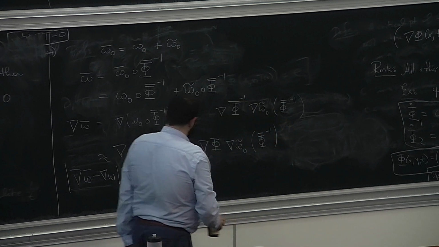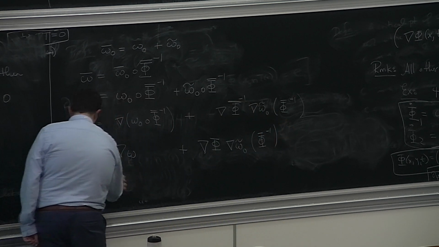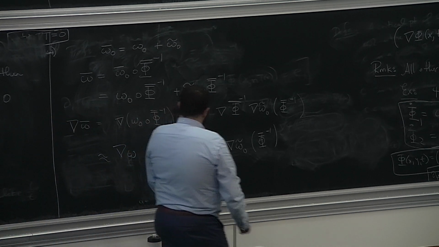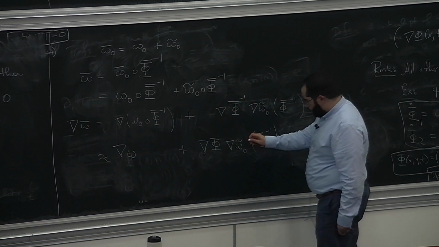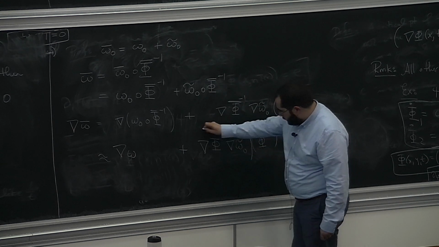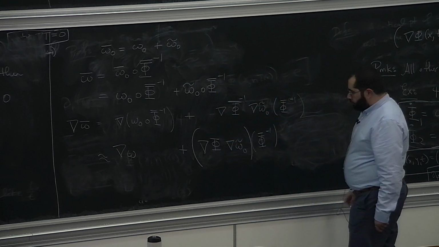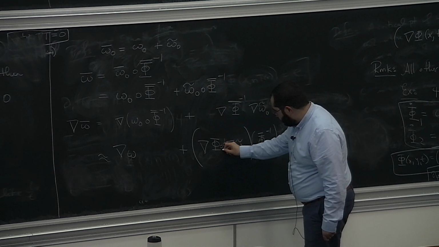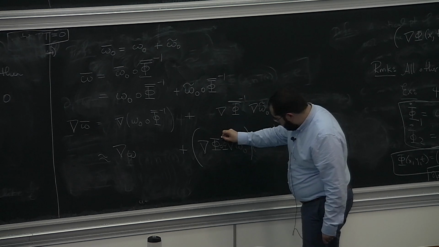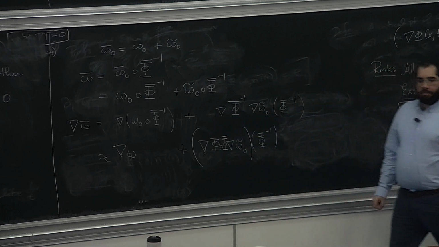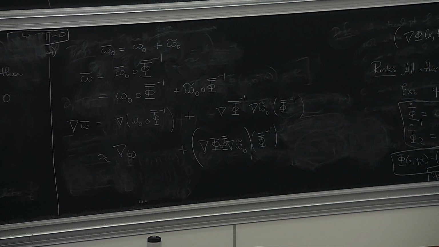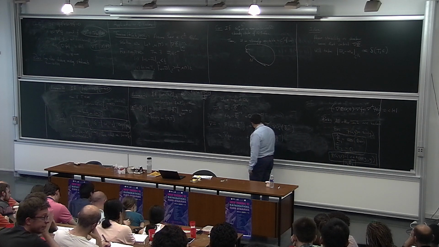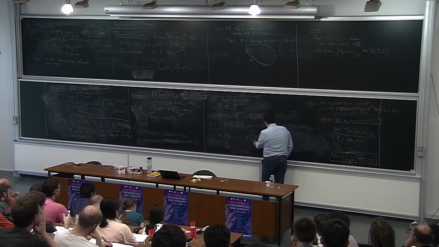So what you're going to do, so instead of, you're going to consider this whole thing and evaluate here at phi bar. Does that make sense? Is this clear for everybody? And now you can remove the bar.